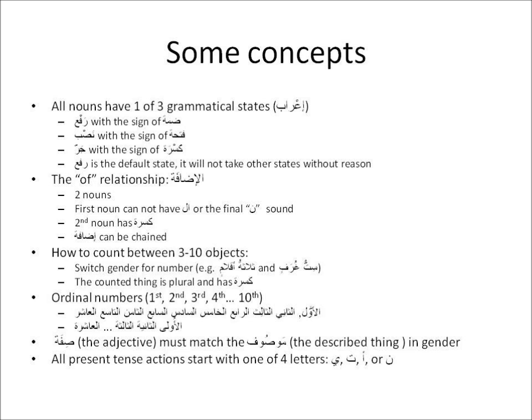Some rules for this: the first noun cannot have an alif lam at the beginning, and it cannot have the final noon sound. What I mean by that is that if you have seen the tanween, un, an, in, that final noon sound goes away when you are making it into the mudaf, when you're adding it to another noun.